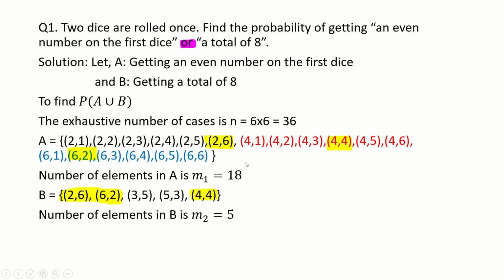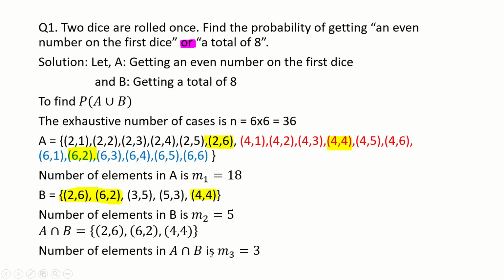Then 4 and 4, it's there in B also. 6, 2, it's there in B also. So these 3 elements are common in both A and B. Therefore, A intersection B is the common element. So the number of elements in A intersection B is M3 equal to 3.